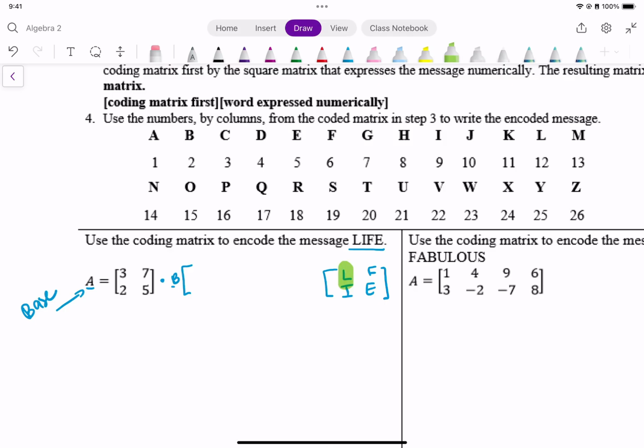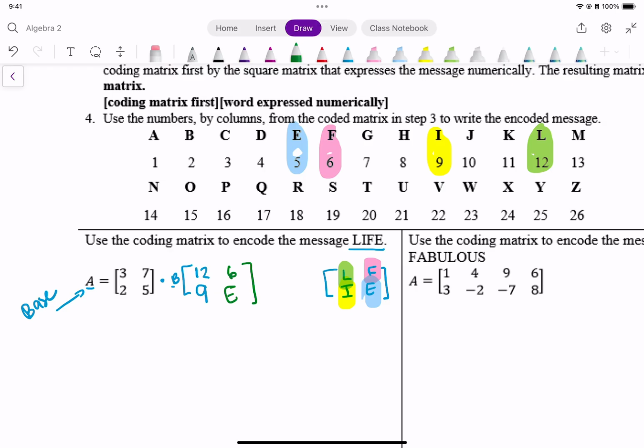First we want L, and L is equal to 12. So I write the number 12. Next I want I. I is number 9. So I will write the number 9. Next we have letter F. Letter F is 6. So I write in a 6. And lastly we have letter E, and letter E is 5. So I'm going to write in a 5.